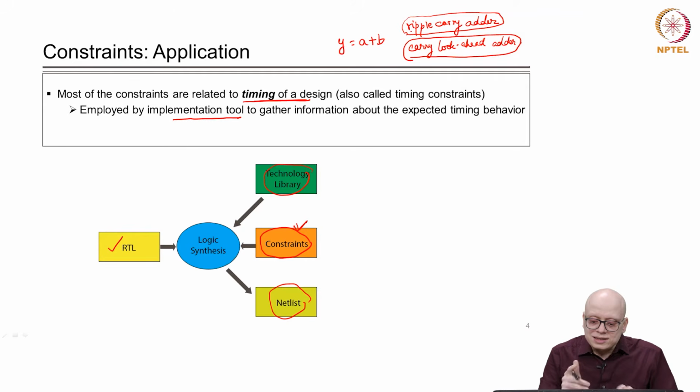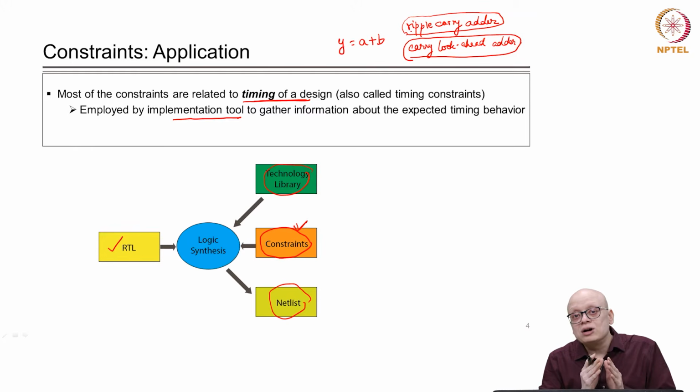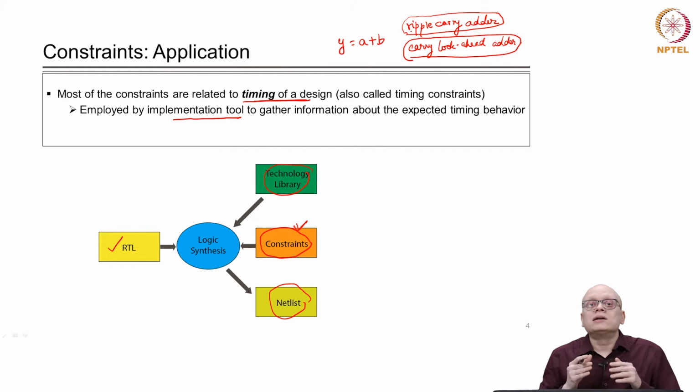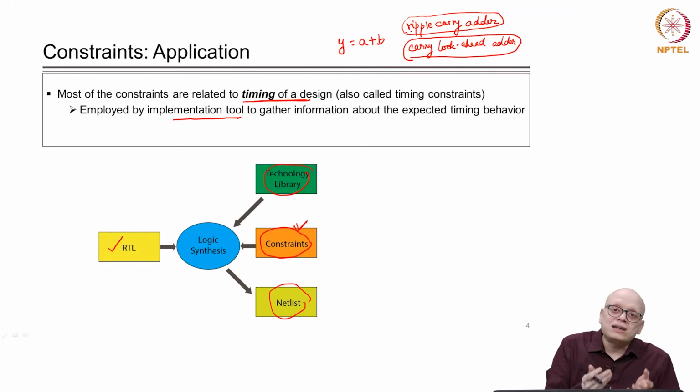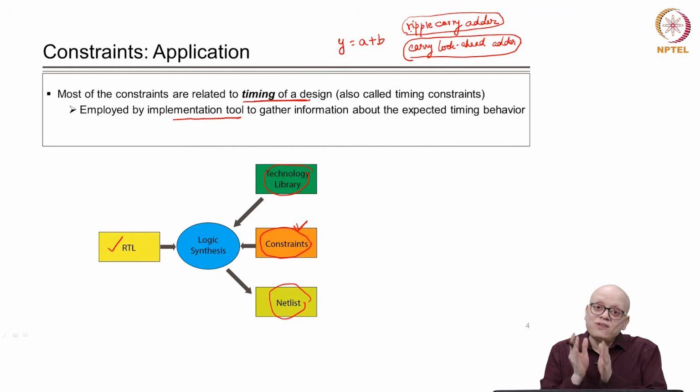So, the constraints are basically directing our synthesis tool towards one solution, and the targeted frequency of our design is what is giving a hint to the tool about what kind of implementation should be in our netlist. So, this is the first area where this constraints file, or the SDC file, will be used.